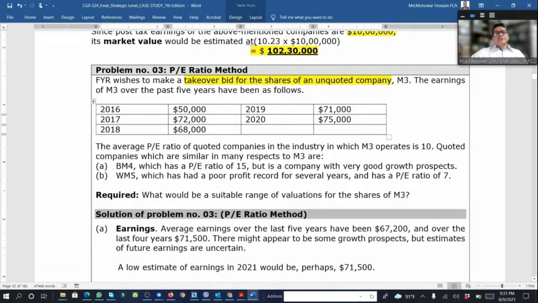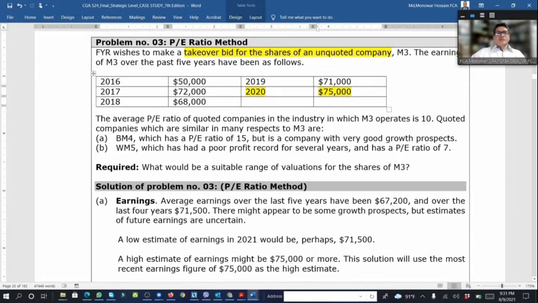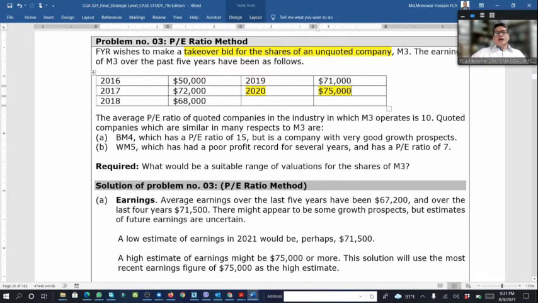In the year 2016, 50,000. In the year 2020, it was 75,000. The average P/E ratio of quoted companies in the industry in which M3 operates is 10.